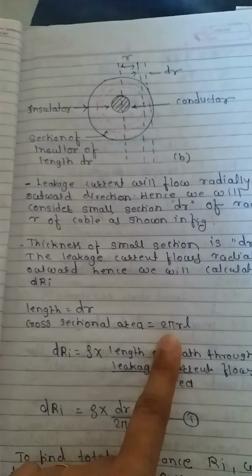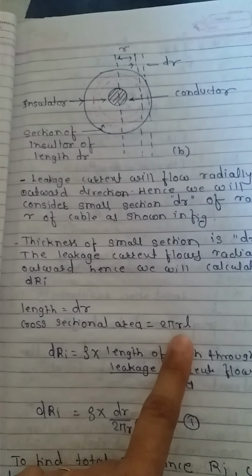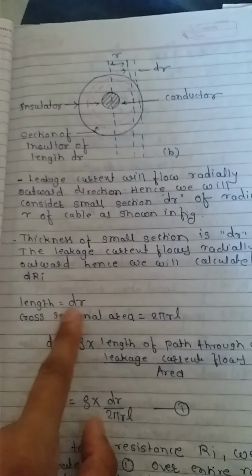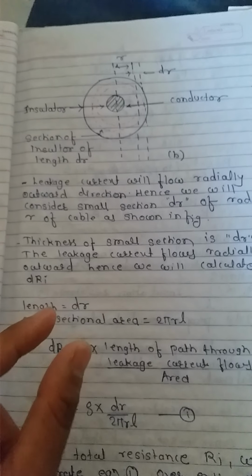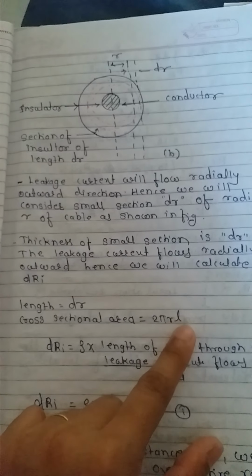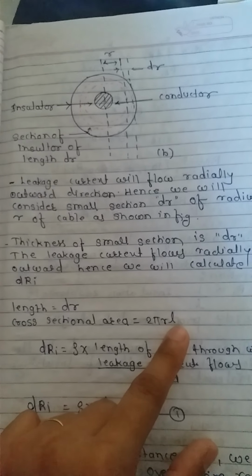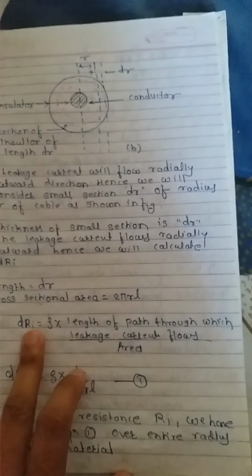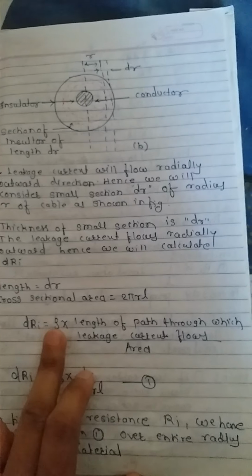The cable is cylindrical, so we take 2 pi r L, where L is the total length of the cable. Here dr is the length of that small section of the insulator and capital L is the total length of the cable. While calculating the cross sectional area, we take the total length as it is a cylinder.